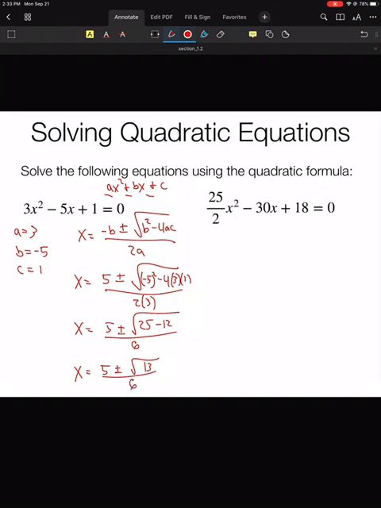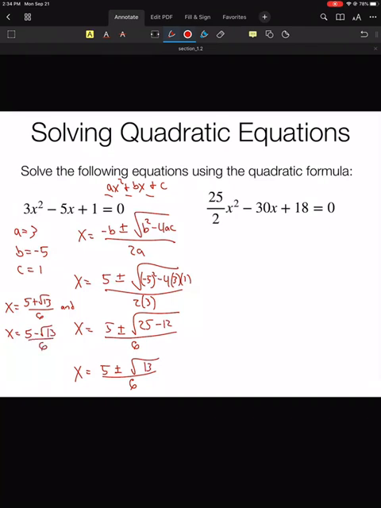Okay, and so oftentimes the MyLabs Plus homework will want you to write this one step farther, write the two solutions separately. And so x equals 5 plus the square root of 13 over 6, and x equals 5 minus the square root of 13 over 6.